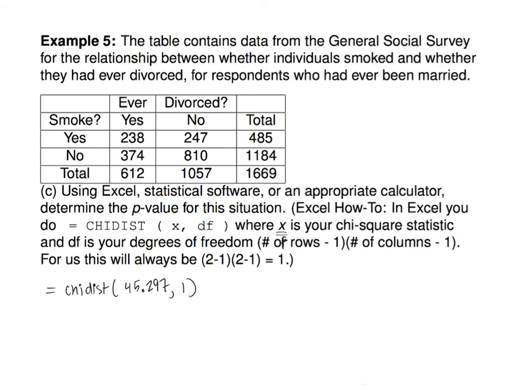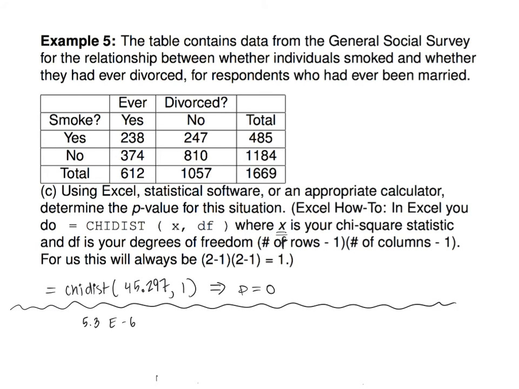Because this chi-squared is so big, you should get something really, really small. You're going to effectively get that p is equal to 0. I'm not sure if Excel will actually give you 0, but I think it might in this case. One more aside, if you get something like 5.3 e negative 6, that's the same thing as 5.3 times 10 to the negative 6.